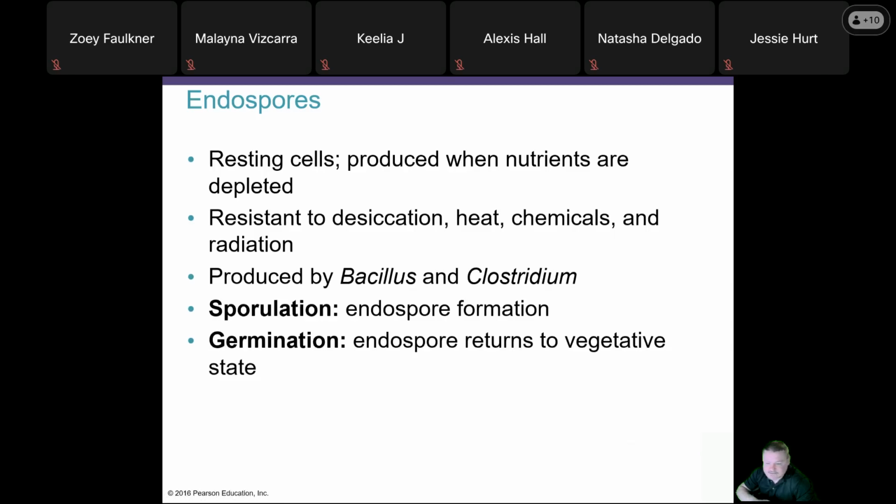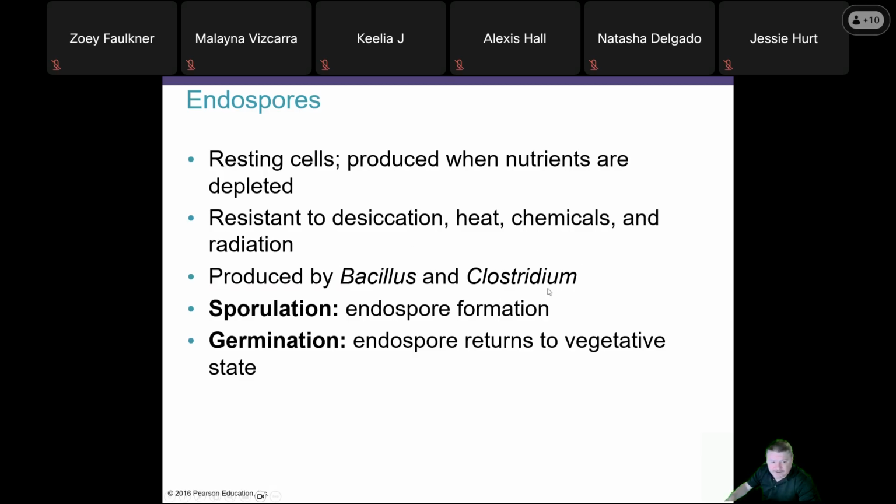An endospore can last for years. In fact, they think when they went in King Tut's tomb, people started dying. They think there may have been bacteria in there in the endospore state that had been that way for thousands of years and then became vegetative again and started to make people sick. So these can last for a long time, and they are resistant to desiccation or drying out. They're resistant to heat, chemicals, radiation.